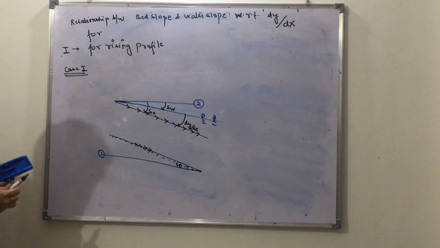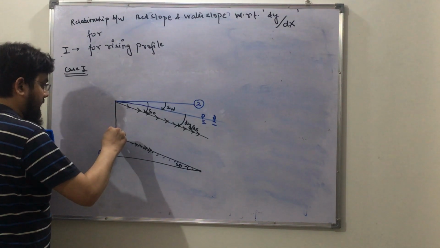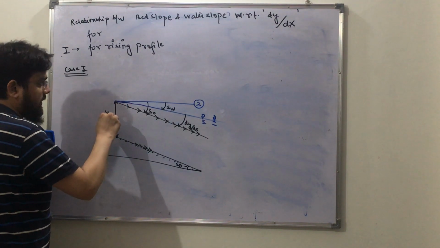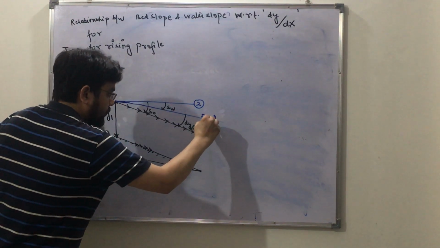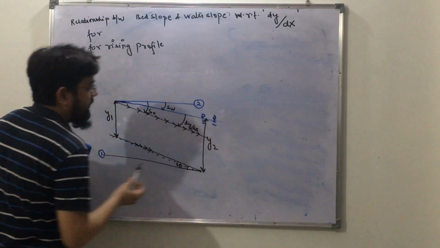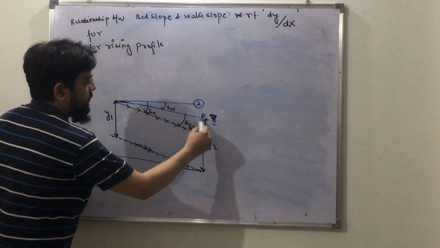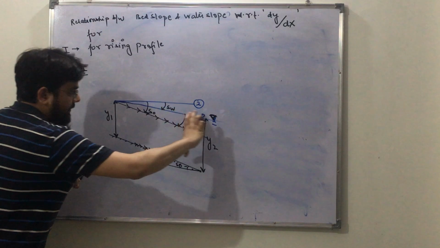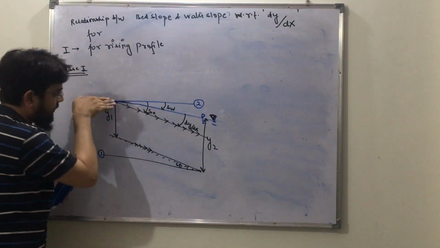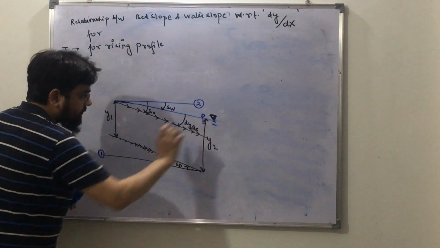So in this case 1, we can see that here it is y1 flow depth and here flow depth is y2. It is measured with respect to the water surface elevation. So this is y2. We can see that this water has risen up to certain depth at downstream.